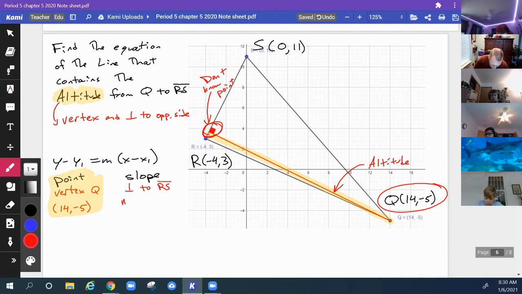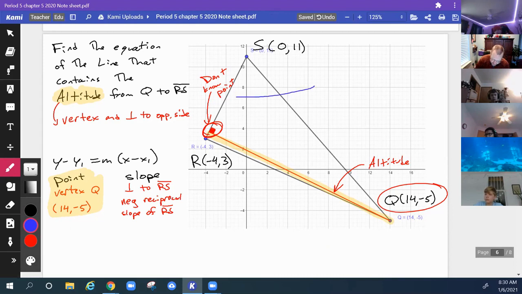It is going to be the negative reciprocal slope of RS, because perpendicular slope means negative reciprocal. So that's bringing us back to the whole idea of first semester and perpendicular lines. Okay. So what we're going to do then is let's just calculate the slope of RS.